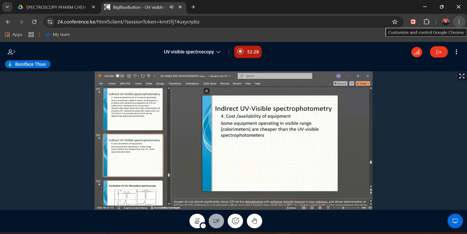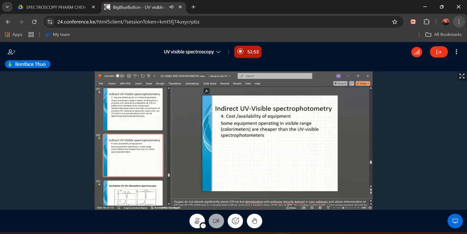And then the fourth reason why indirect UV could be used is depending on the facilities available or the cost. It is found that the instruments that operate within the visible range of the spectrum are usually cheaper.